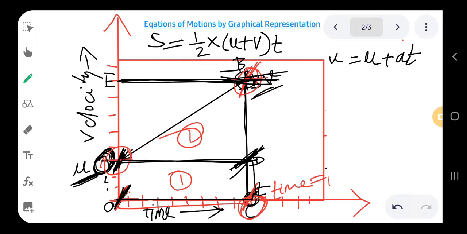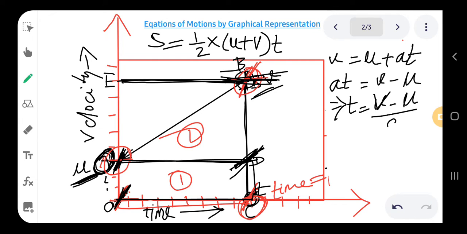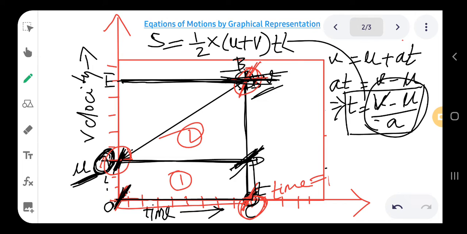If I find T, AT is our V minus U, which implies T equals V minus U divided by A. So now I'll put this T value here and see what I'm getting.